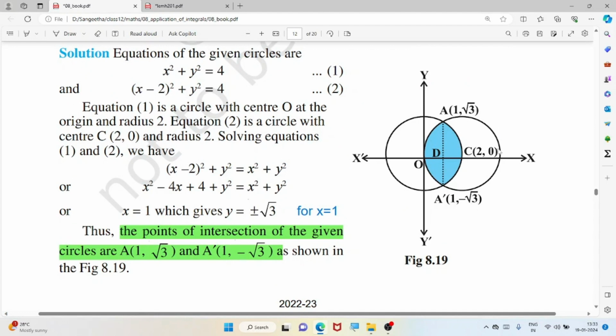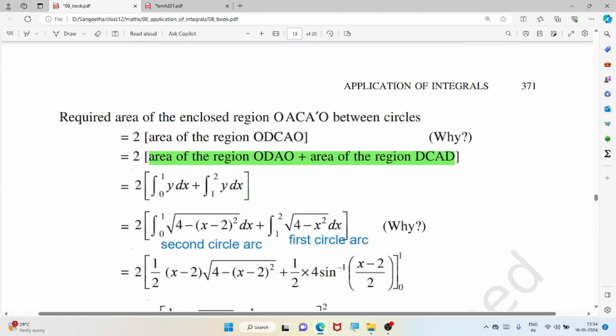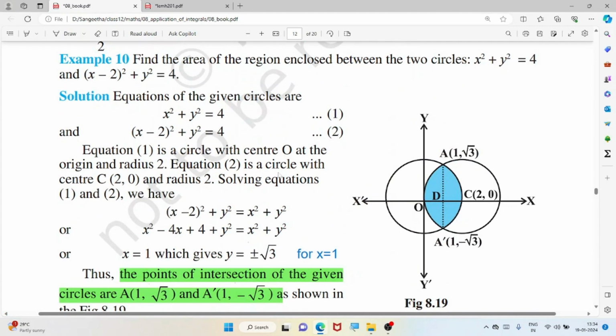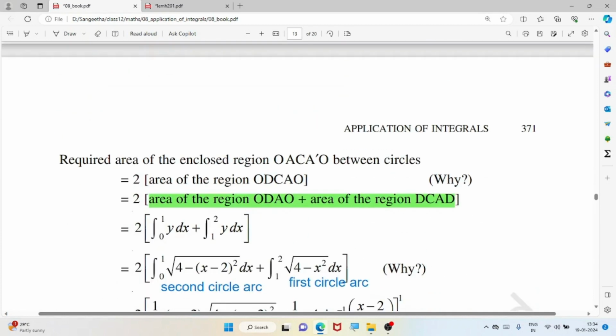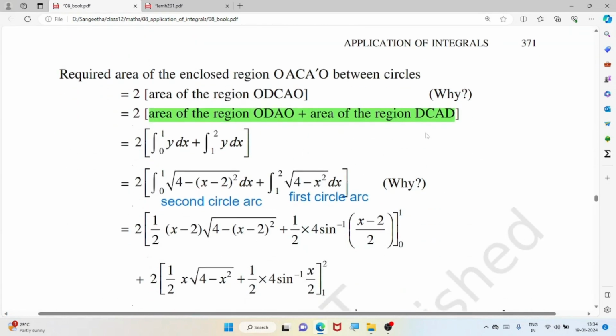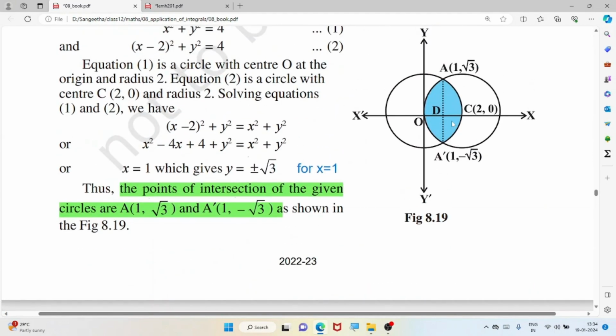Now you see here, this curve has a separate formula and this curve has a separate formula. Area ODAO and area DCAD: these two areas are the same.